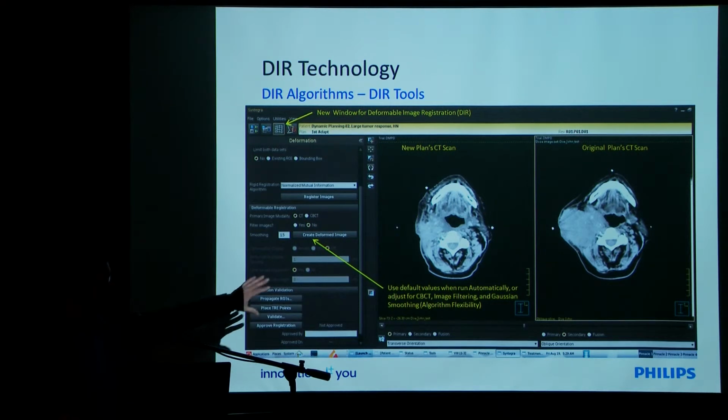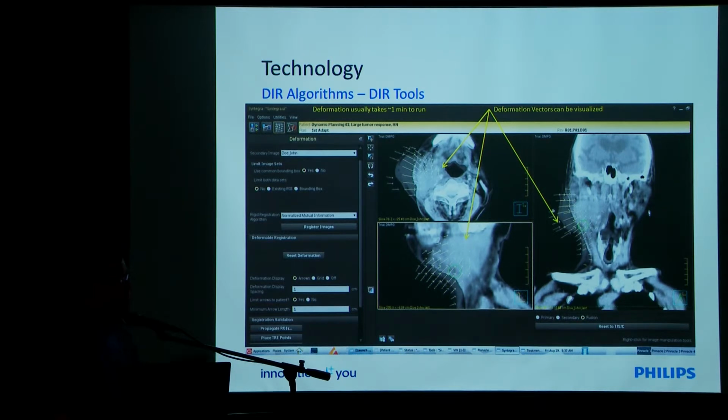Here's a very simple example right here, where the patient originally has quite a large tumor on their right side, and into the second week of treatment, this tumor has responded quite dramatically. It's shrunk quite a bit.